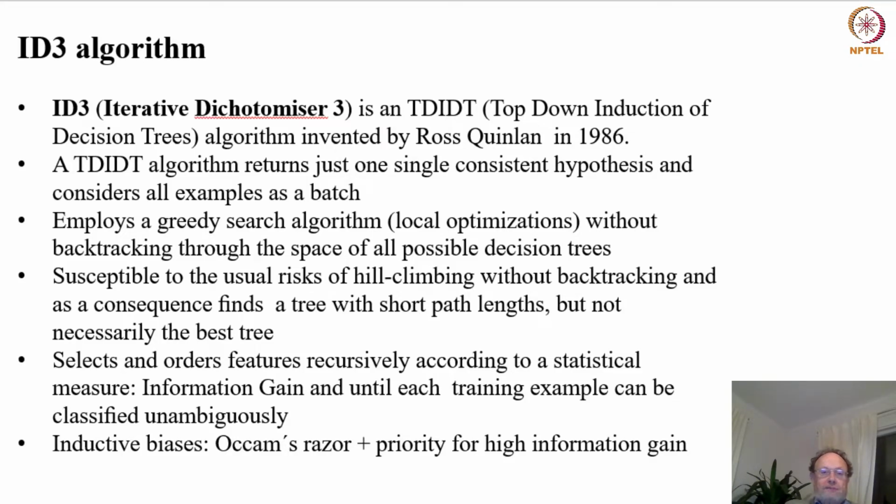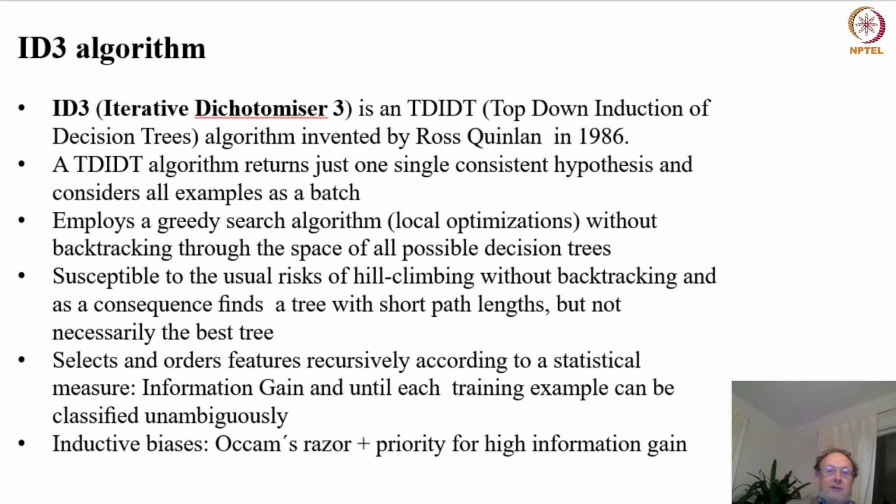So ID3, which is short for Iterative Dichotomizer 3, is a TDIDT, top-down induction of decision tree algorithm invented by Ross Quinlan in 1986. A TDIDT algorithm returns just one single consistent hypothesis and considers all examples as a batch.